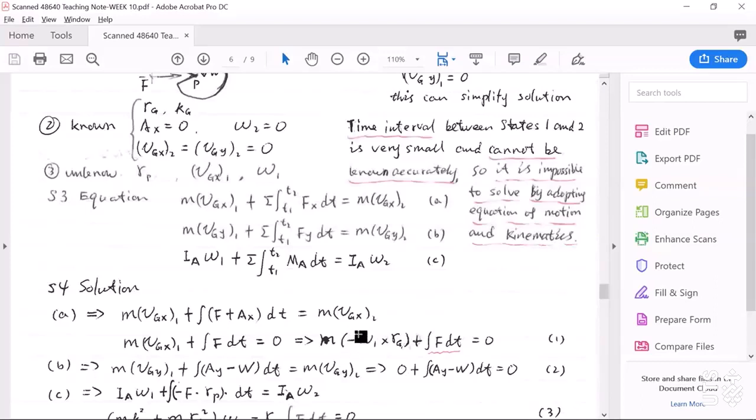This negative sign shows the direction of vgx1. It should be to left side, so it should be negative. Okay, in this equation, F is unknown, omega 1 is unknown.